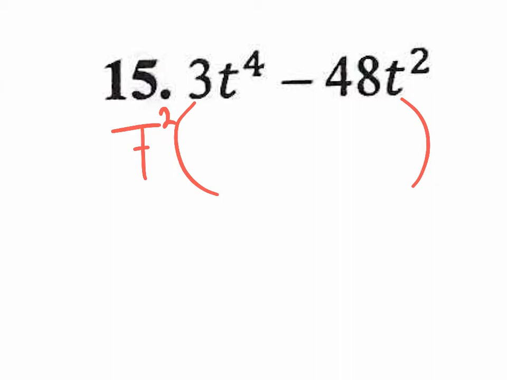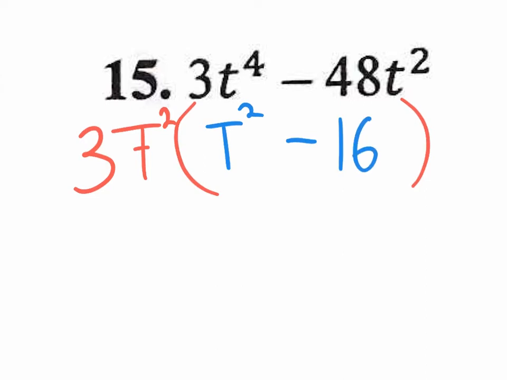How about the 3 and 48? Can I pull out a 3 as well? So 3t squared is the GCF, because 3 times 16 is 48. So if I do pull out a 3t squared, on the inside I will have t squared, and then minus 16.